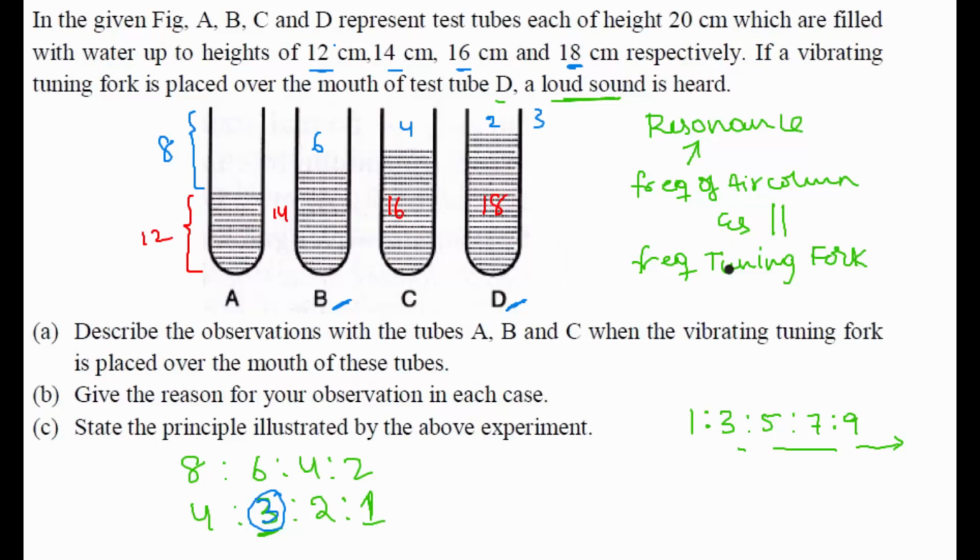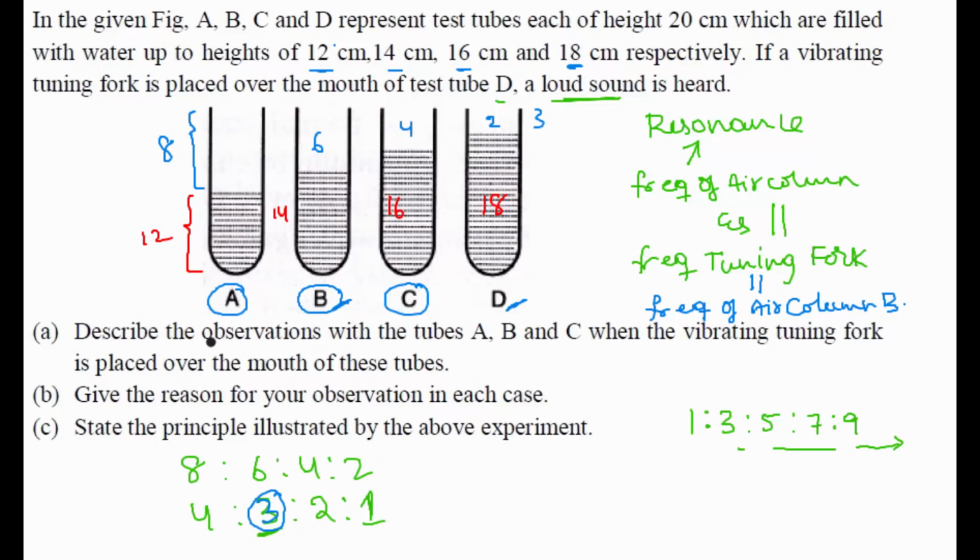So from this we can write that this will be equal to the frequency of air column B, right? So this will produce a louder sound compared to C and A because its ratio falls under the required category 1:3.